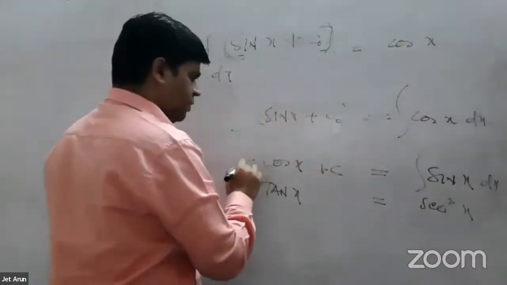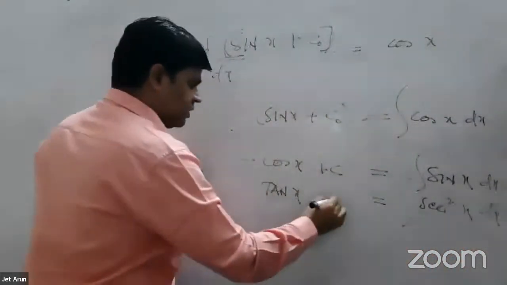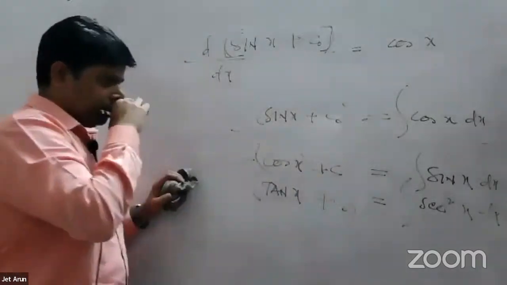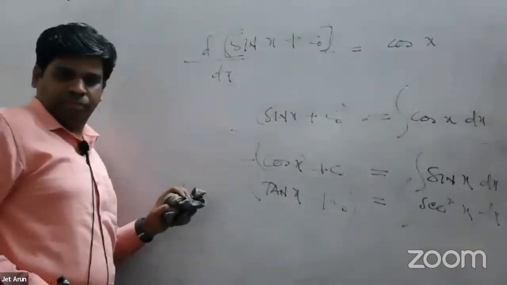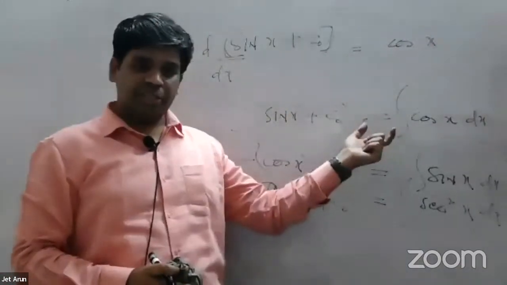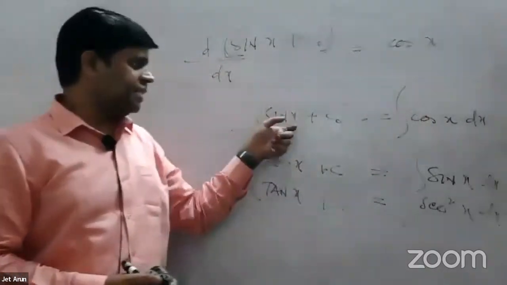Minus comes over here. Integral of secant square dx would be tan x plus c. Is it clear, students? If I know the derivative of this one, the reverse operation of that would be integral of cos x is sin x plus c.